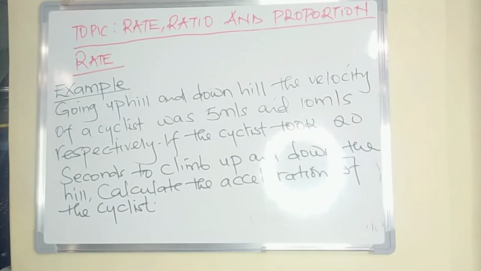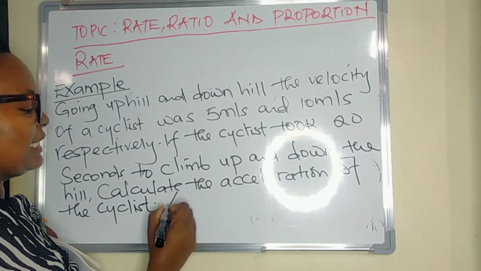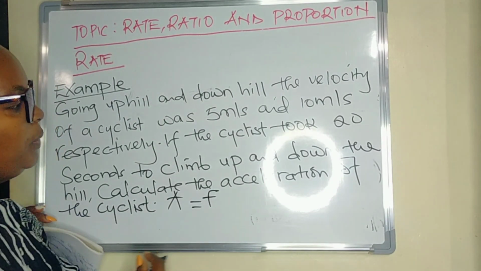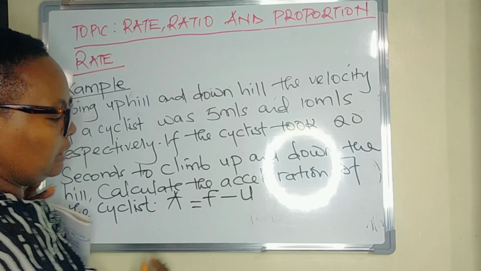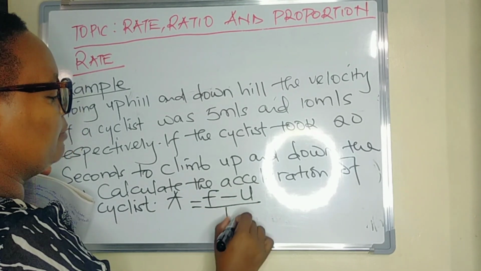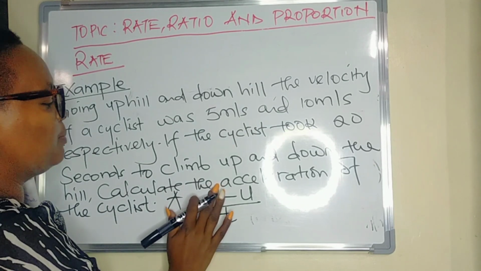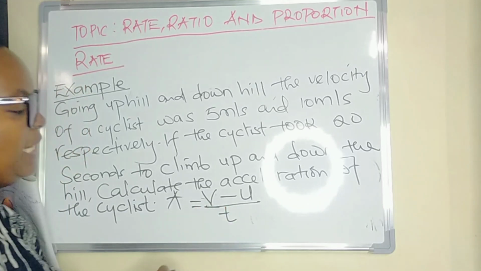Now, this is a very easy question. We have noted that in order to be able to find acceleration, we must know the final velocity minus the initial velocity over time. Final, we represented it using a V. So V minus U over time.